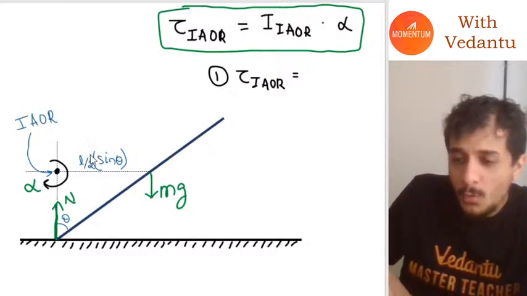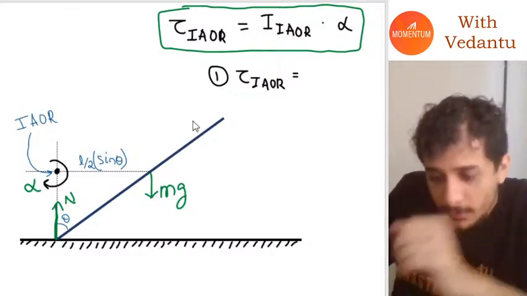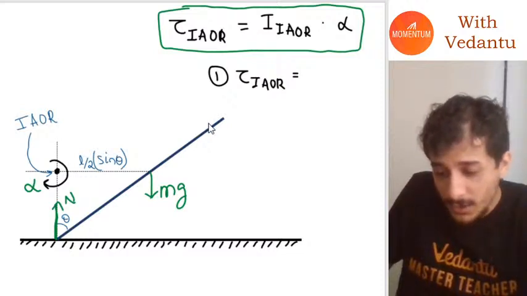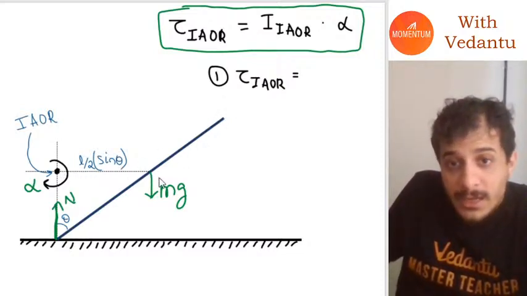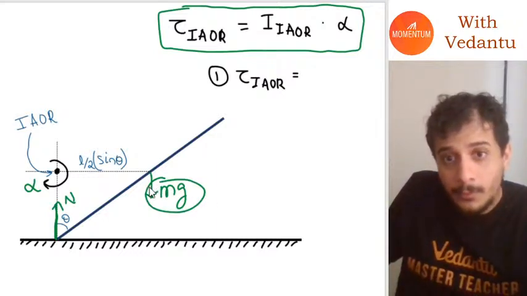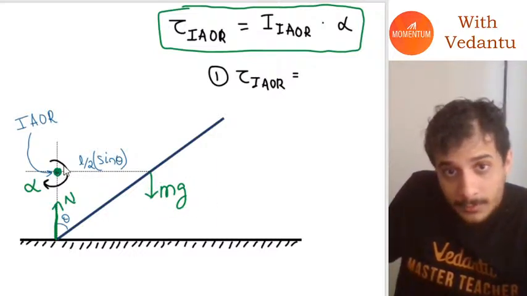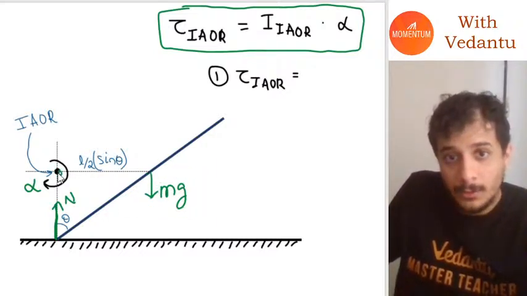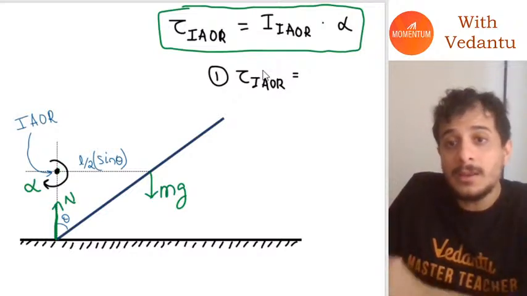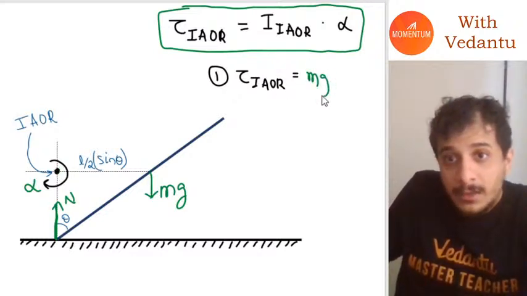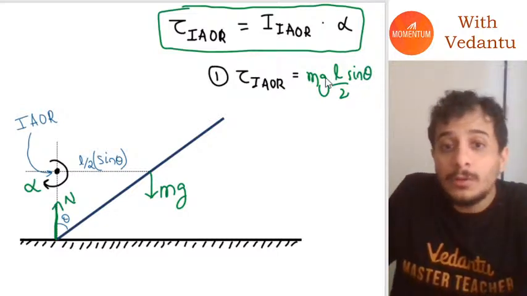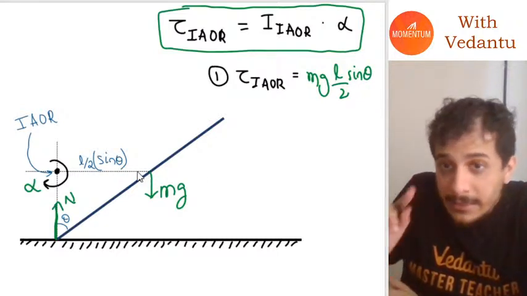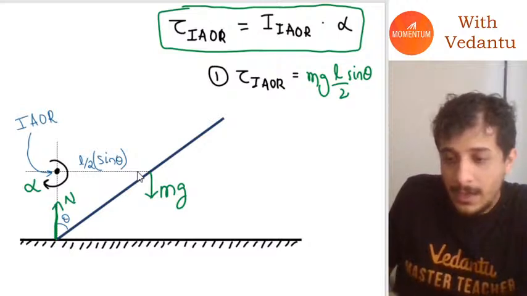Now, what will be the torque about the instantaneous axis of rotation? This force mg has a torque about this point. That will be nothing but mg into L by 2 sine theta, and that torque is trying to increase the value of alpha.